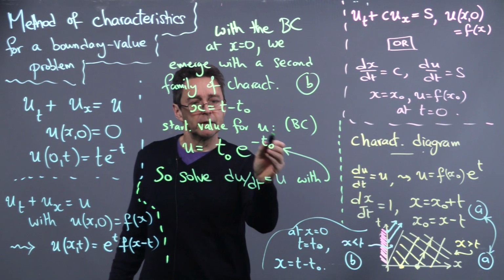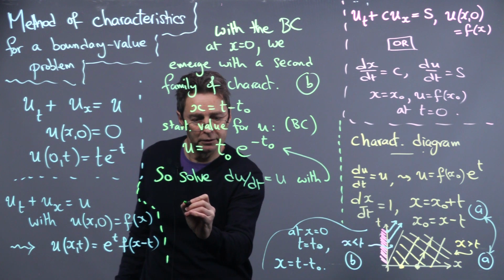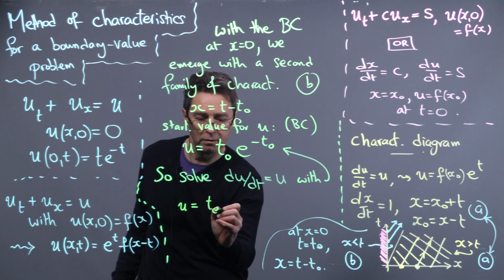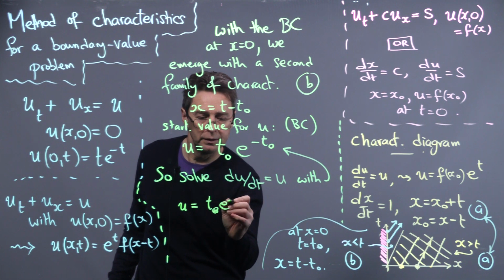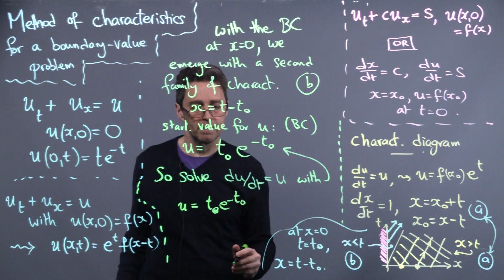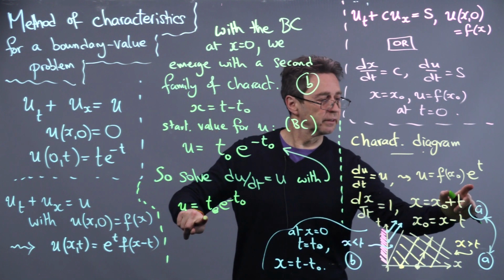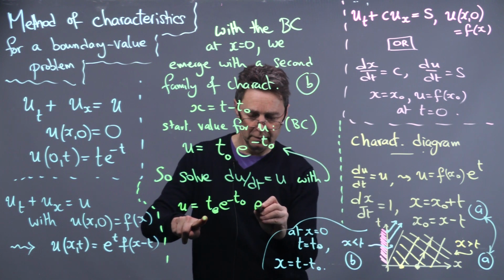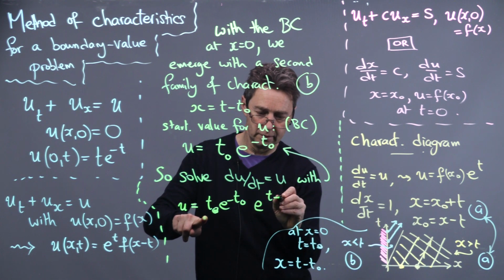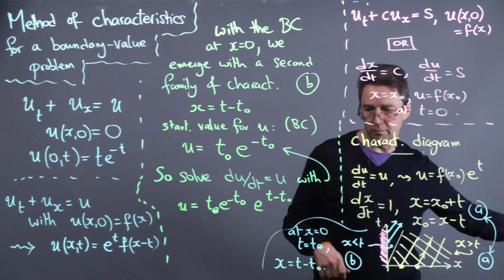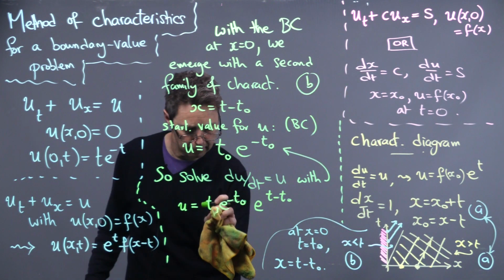And we apply the starting condition, and if we do that, we find that u is going to have to be t0 e to the minus t0. That's the starting condition. The solution is this sort of thing again, e to the t. And let me just do my zeros better.